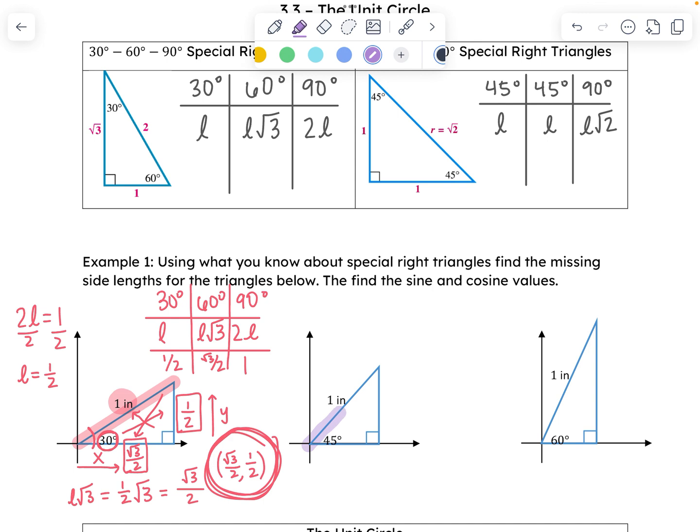I've got my hypotenuse, once again, with a radius of 1 inch, but now my angle down here is 45 degrees instead of 30 degrees. And so now it's going to make that 45, 45, 90 special right triangle. So let's see if we can find our missing side lengths.